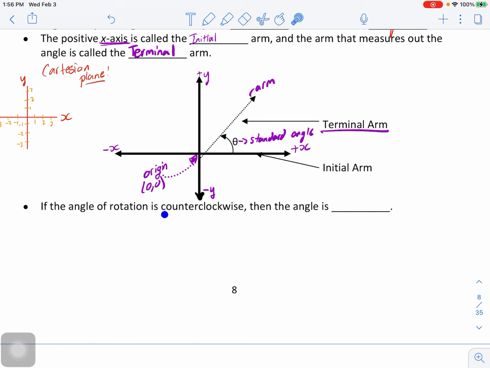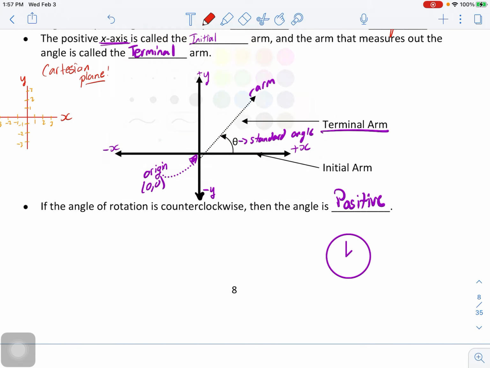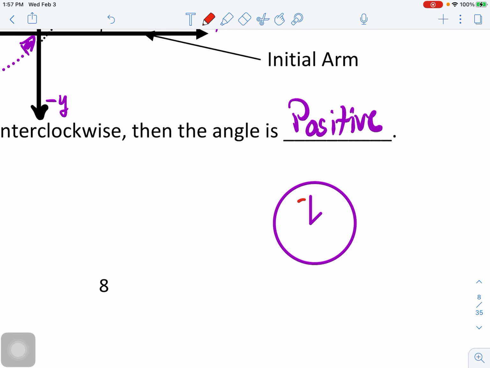Now, some things to note. If an angle of a rotation is counterclockwise, then the angle is positive. So counterclockwise, if you think about a clock and you have your arm here and your little time there, counterclockwise is actually going this way.